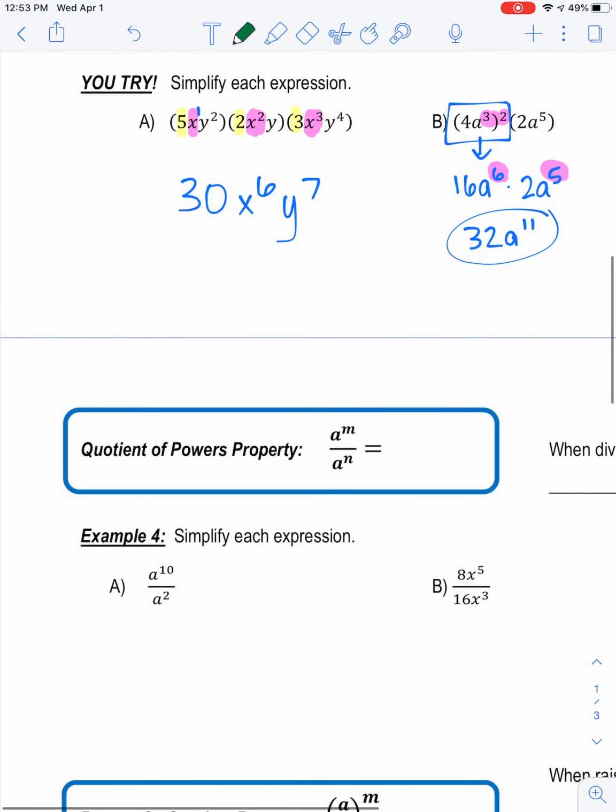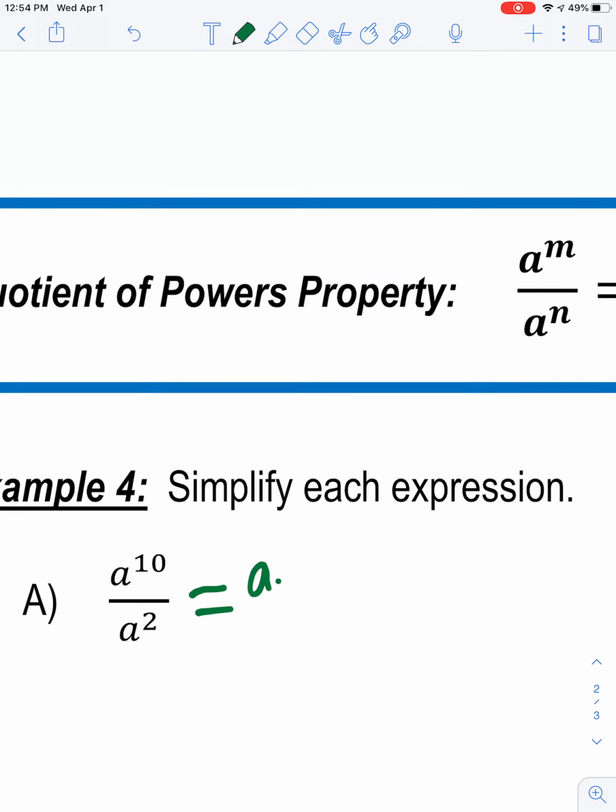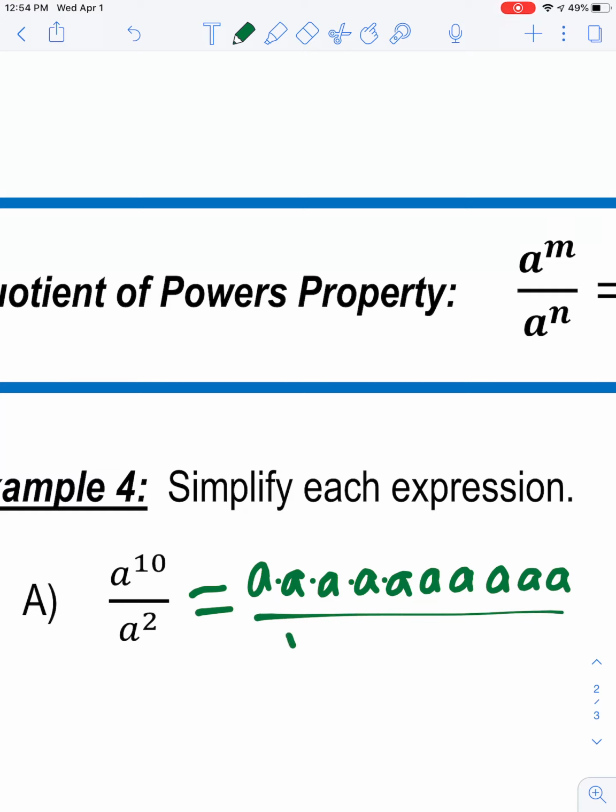So on example 4a, I'm going to do the example first, then we'll fill in the rule. If we know a to the 10th power is a times itself 10 times, 1, 2, 3, 4, 5, 6, 7, 8, 9, 10, and a to the second is a times itself twice. If I cancel an a on top with an a on the bottom, I can do that twice here.